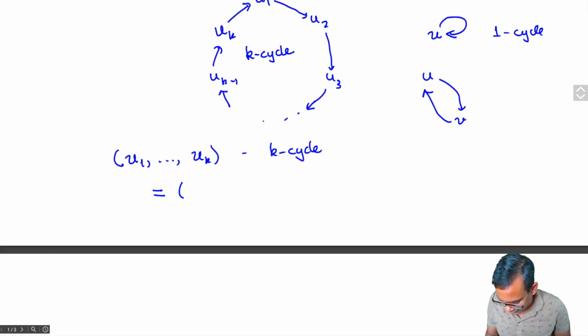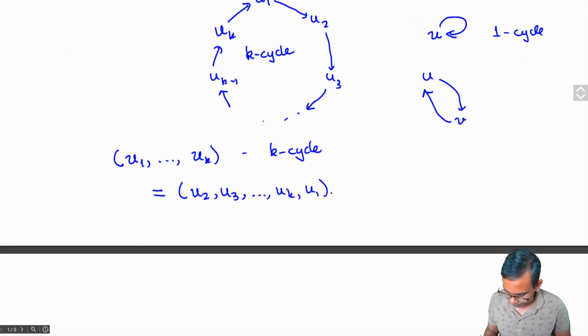This K-cycle is the same as the K-cycle (U2, U3, ..., UK, U1), and there are K such equivalent representations. You can also start with U3, U4, and so on, and end with U2, etc.